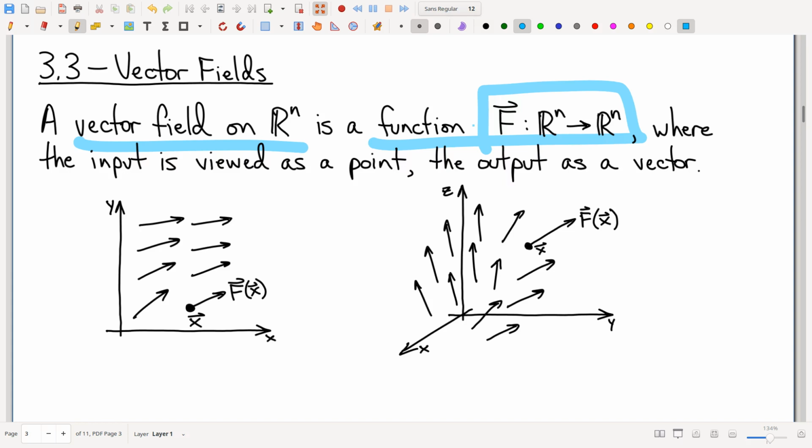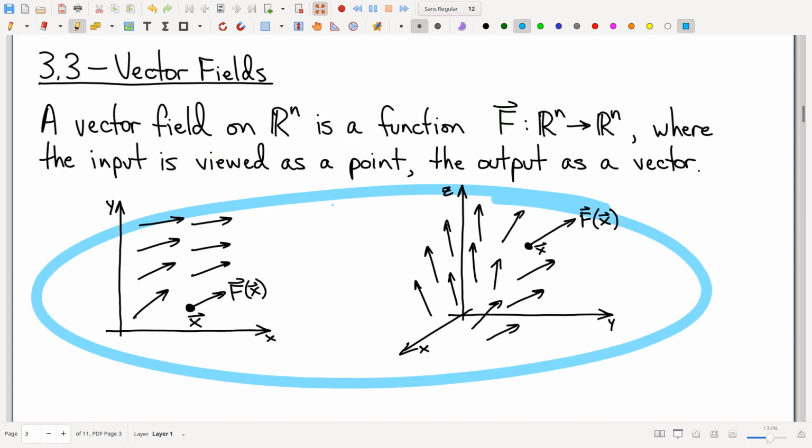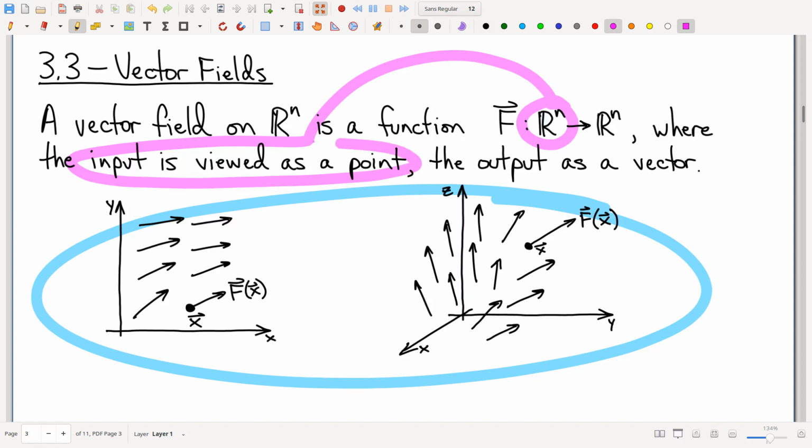Now, that's not how we tend to think about it. In practice, the way we tend to think about it is a picture like one of these, and these pictures come from visualizing such a function in a certain specific way. The input points from the domain are to be viewed as points, such as that point there or this point here.